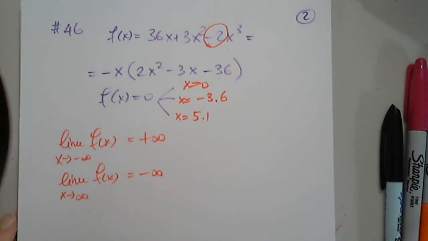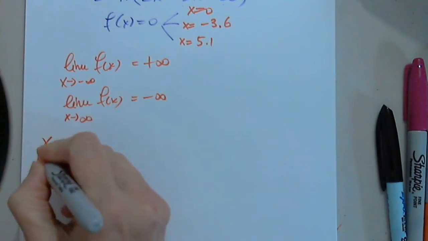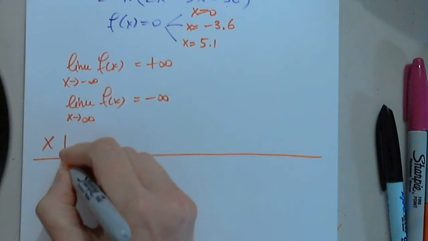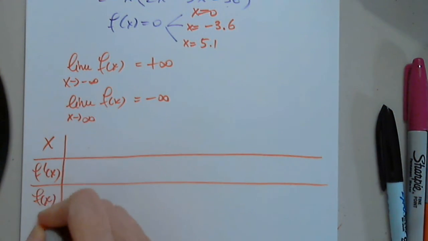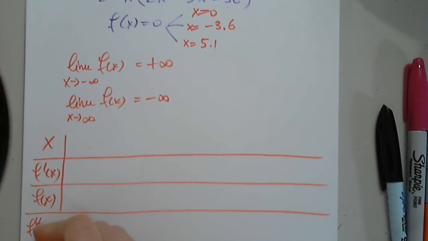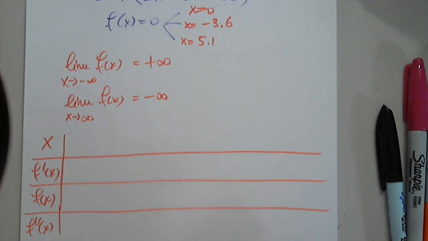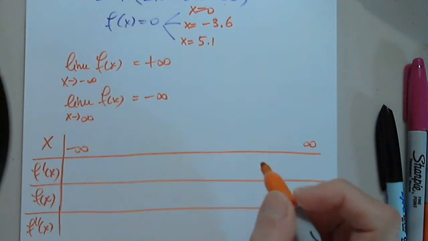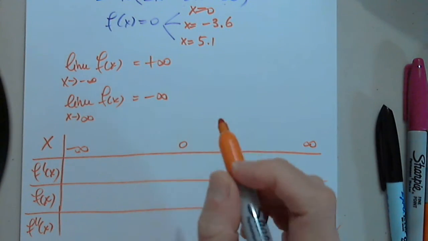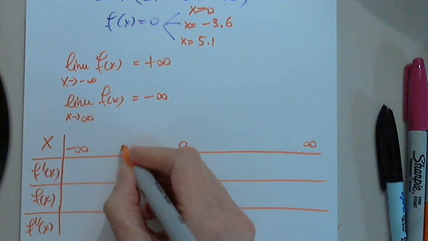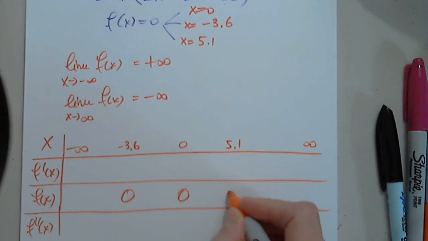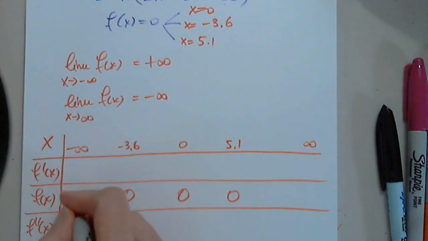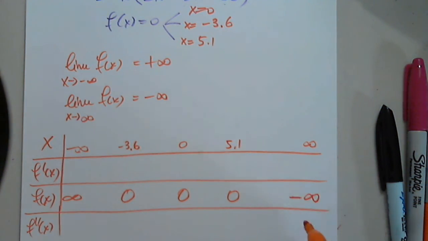So I'm going to start my table with f prime, f of x, and the second derivative. And I'll put negative infinity to infinity, and I have 0 in the middle. I have negative 3.6 and 5.1, 0, and 0, and 0 at negative infinity, infinity at positive infinity, negative infinity. Done. The function is completely done.